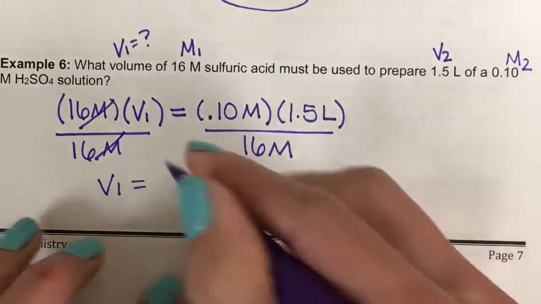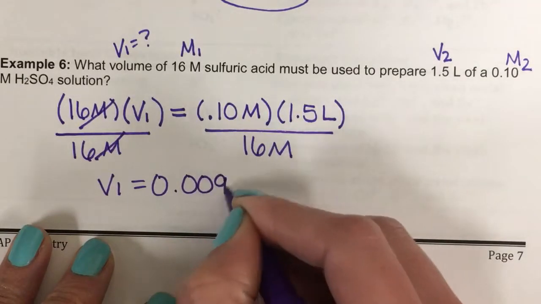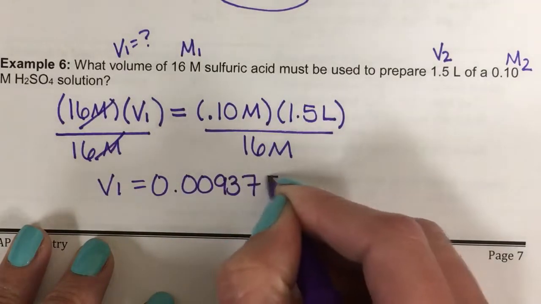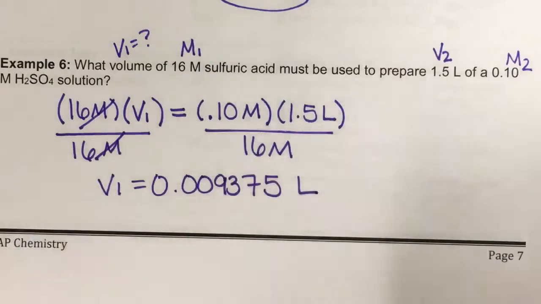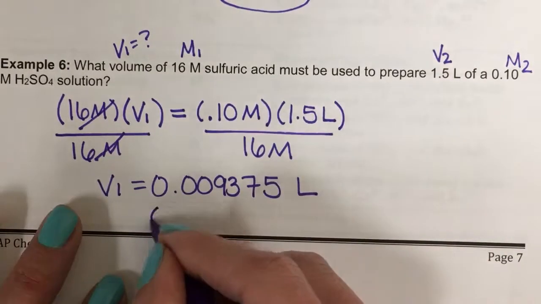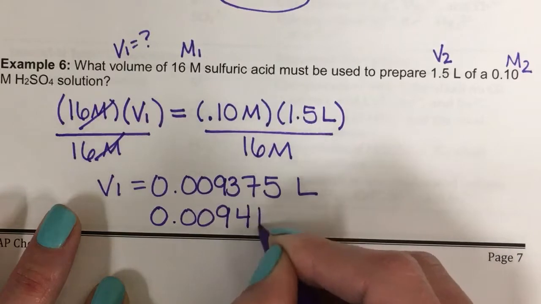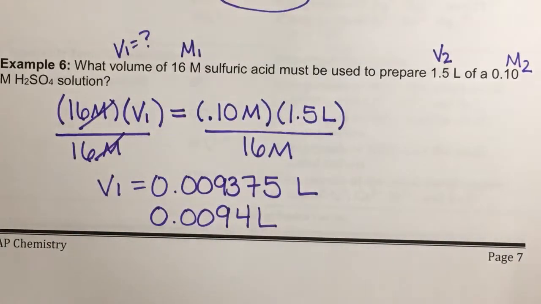So V1 is 0.009375 liters. Now I can only keep 2 sig figs, 0.0094 liters. Now here's the way this dilution would work.